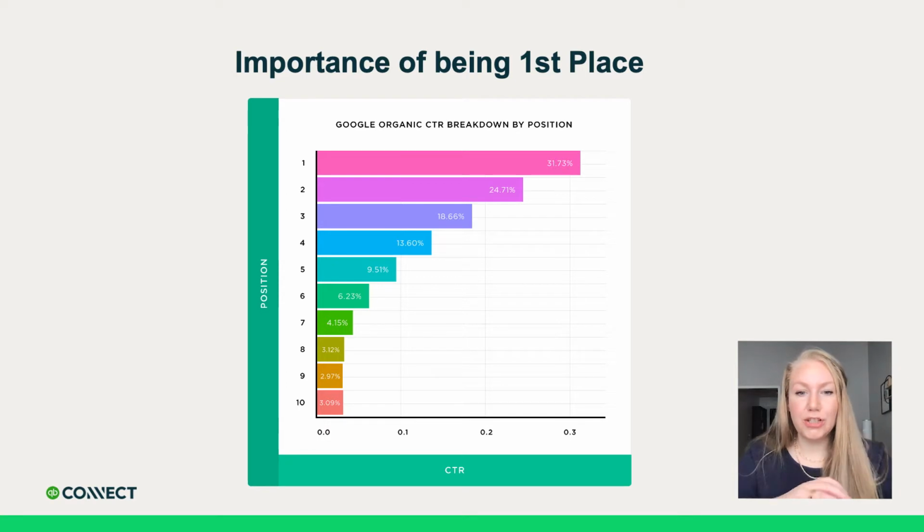In addition to the first page receiving most of the traffic, the first organic position of Google also receives the most clicks, or also called visits. The first organic result will generally receive close to 32% of all clicks that happen on that search page. And that number decreases from there.